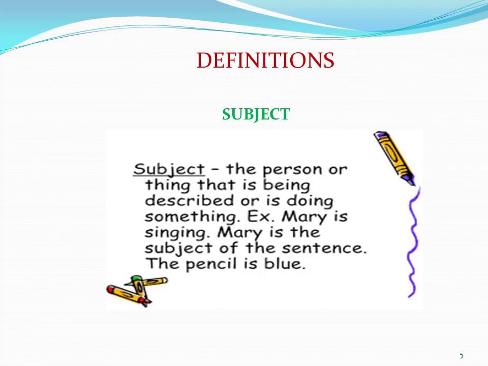See the next example, the pencil is blue. In this example, pencil is the subject of the sentence and the word pencil refers to the thing. You should always remember that subject always refers to the person or thing.